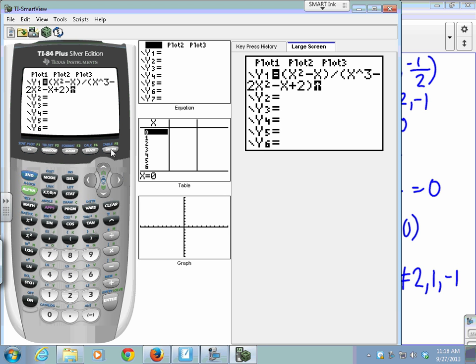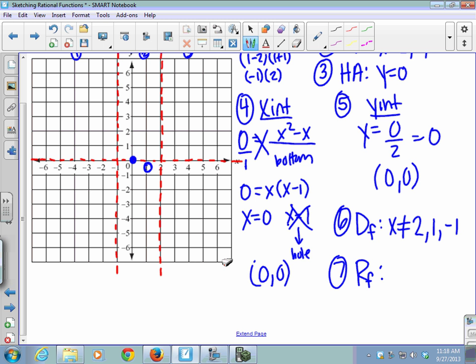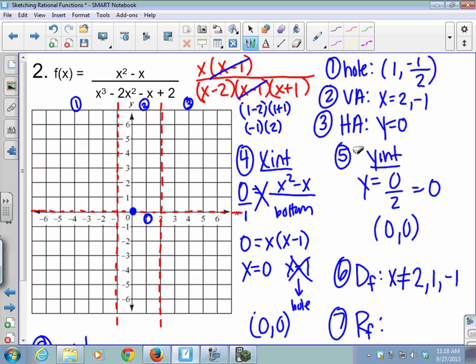Then I'm going to go to my table, and for number 8, find my other points. I'm going to find x and y points. And I forgot to say right up here, if we did slant asymptotes, there would be none. There are no slant asymptotes because there's a horizontal asymptote.